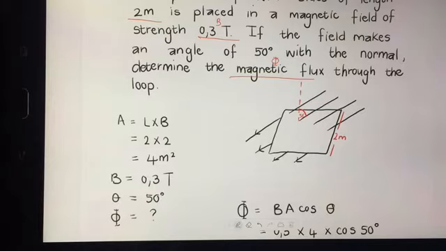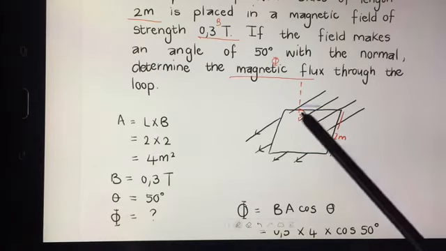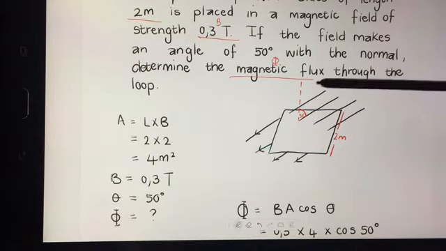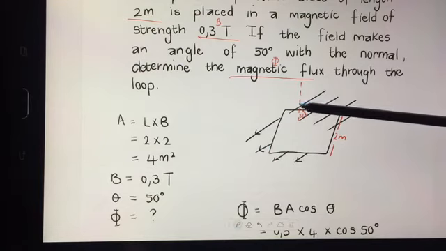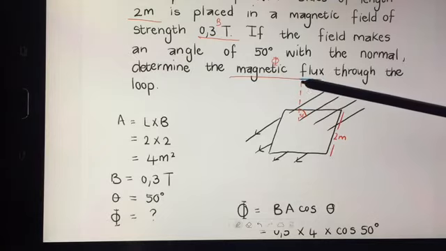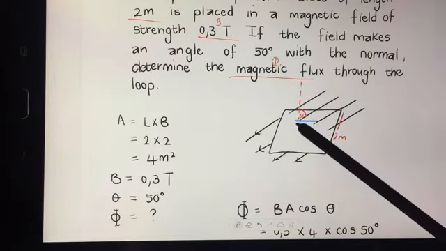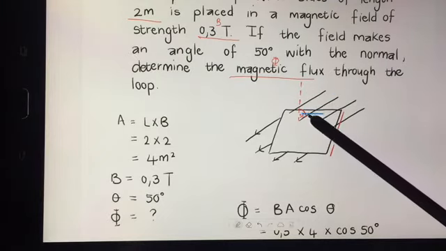If the field makes an angle of 50 degrees with the normal. So take a look over here. Here's the area. Here are the magnetic field lines. There's the normal, which is perpendicular to the surface area, and the angle between the normal and the field line is given as 50.